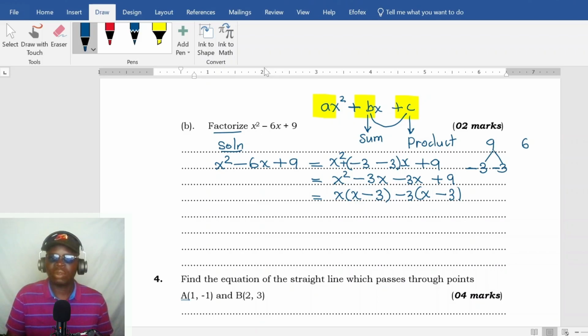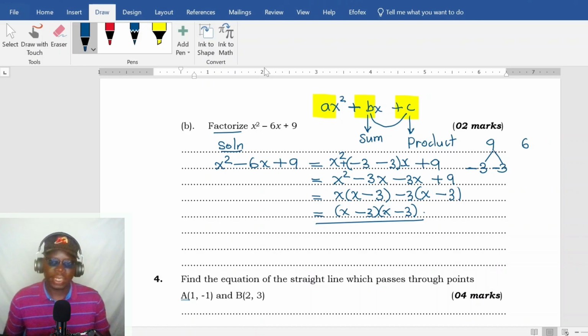The brackets are the same, so we need to pick only one bracket, and we take the coefficients of these two brackets to form another bracket. So we have here x minus 3. We always carry together this sign, and we take one of these, x minus 3. We are done with factorization, and that is the longer method, the traditional way of factorizing.